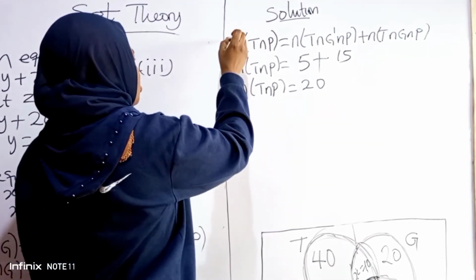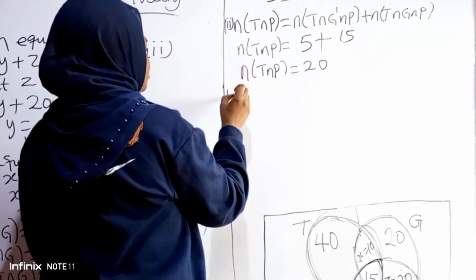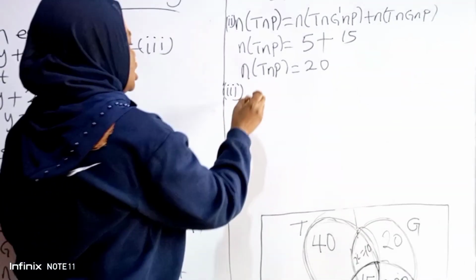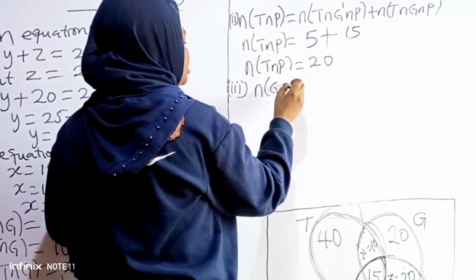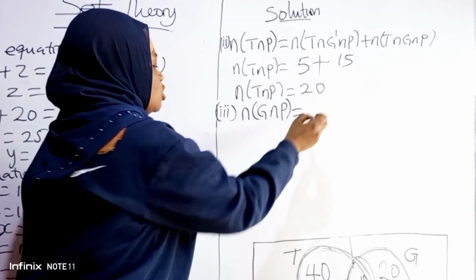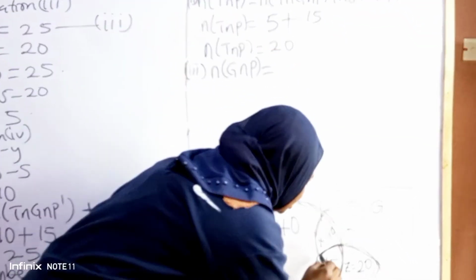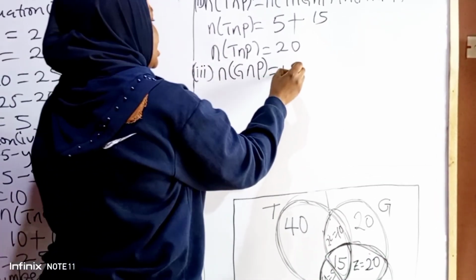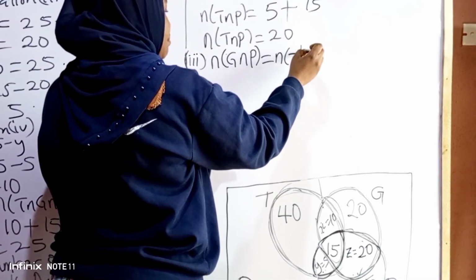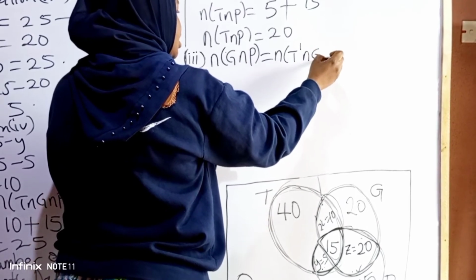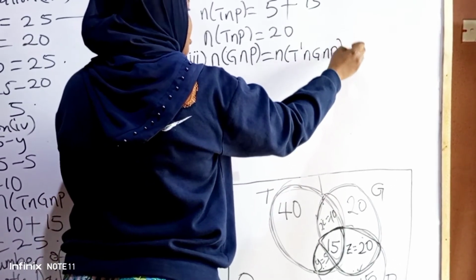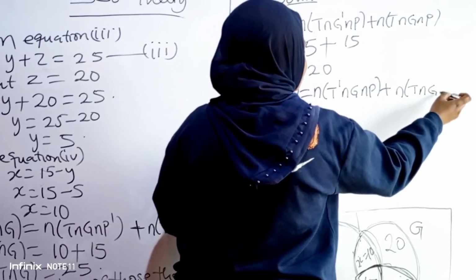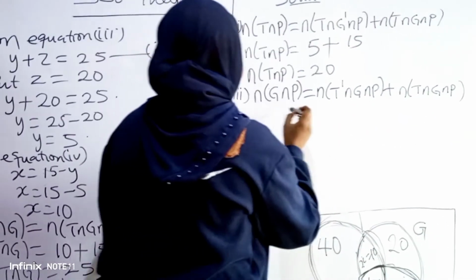So the third question. The number that applies to both daily graphics and daily punch. So daily graphics and daily punch, which is equal to the cardinality of G intersect P only plus the cardinality of T intersect G intersect P. So let's write the values.